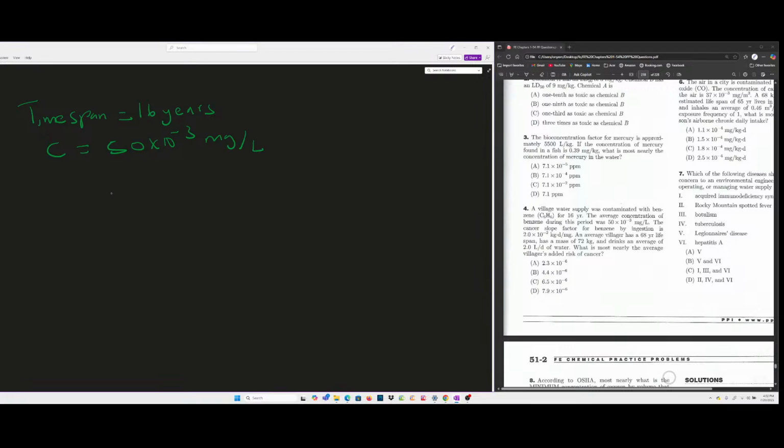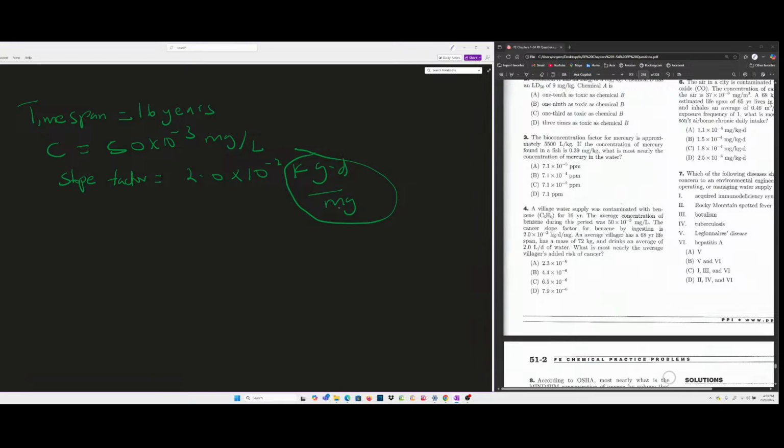And they say the cancer slope factor for benzene by ingestion, I'll just call it slope factor, is 2.0 times 10 raised to the power minus 2 kilogram-day per milligram. So pay attention to this unit, kilogram per day divided by milligram.